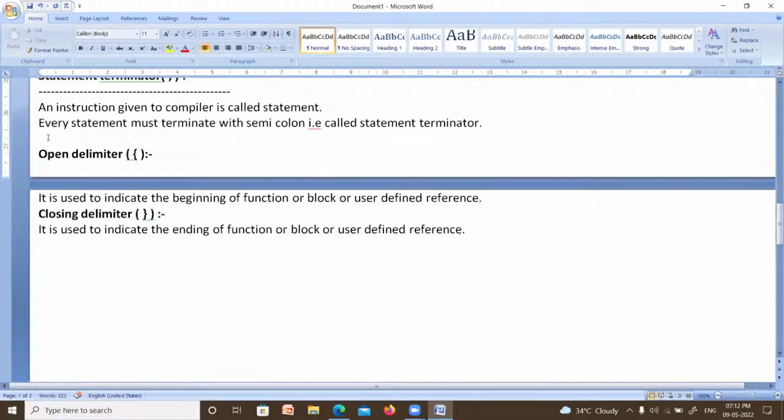These two. Note down these two: open delimiter and closing delimiter. You should not say open curly bracket. You should not say closing curly bracket, right? Whenever you see this, you have to say open delimiter. Whenever you see this, you have to say closing delimiter, right?